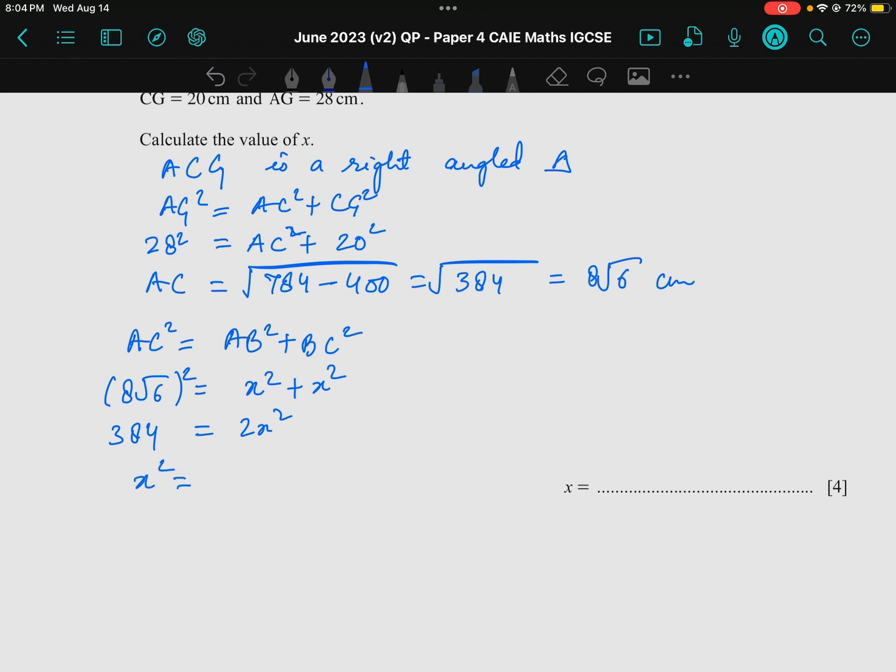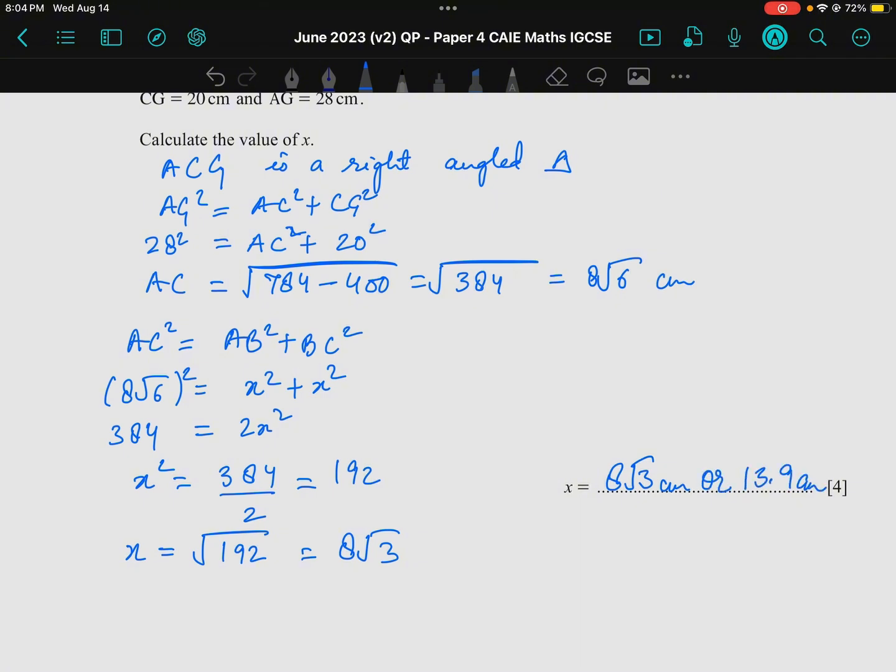So x square equals 384 upon 2, which is 192. So x equals under root of 192, which will give me 8 root of 3. So either I will write 8 root of 3 centimeter, or in decimal form 13.9 centimeter. Answer.